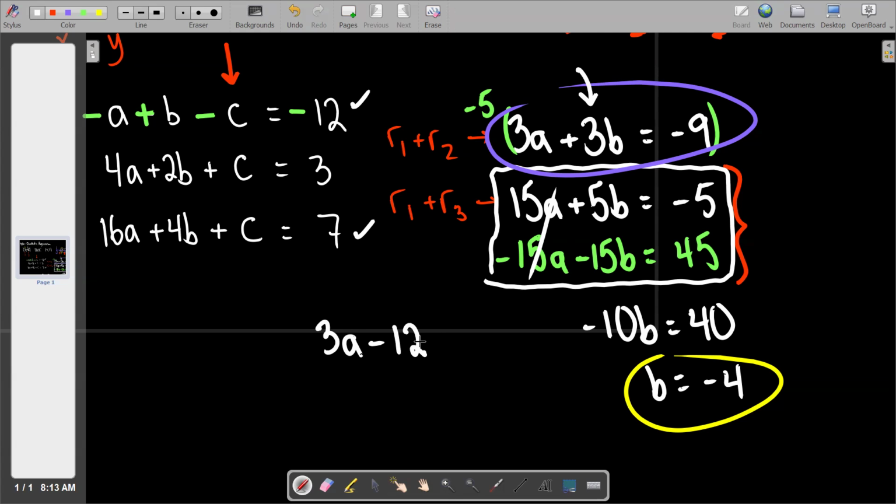The B became -4, and +3 times -4 is -12, whatever you want to call it. Equals -9. Add 12 to both sides, and 3A equals, what's -9 plus 12? What's 3 divided by 3? So we now know 2/3 of the answer, leaving us now with the need to find C.